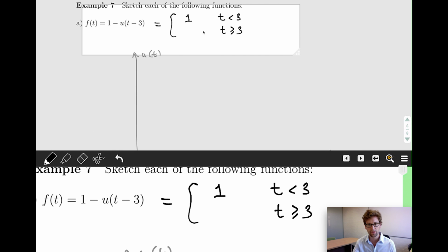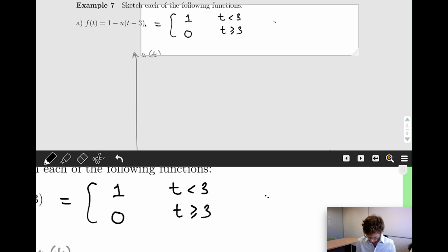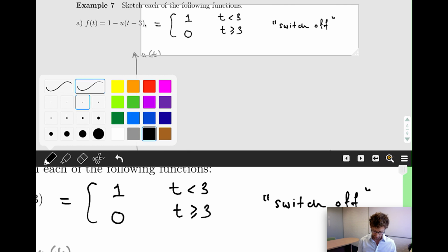But for t greater than or equal to 3, we saw that this thing is equal to 1, so I've got 1 minus 1, I've got this is equal to 0. So you can see that this is almost like the opposite of a Heaviside. It's more like a switching off. This is another useful little mini function that we can use to build up more complicated functions.